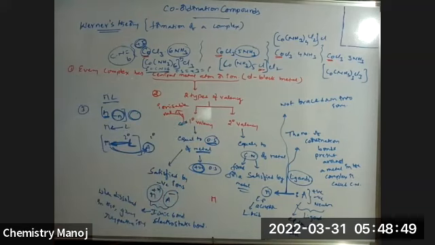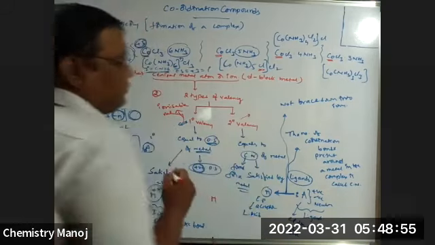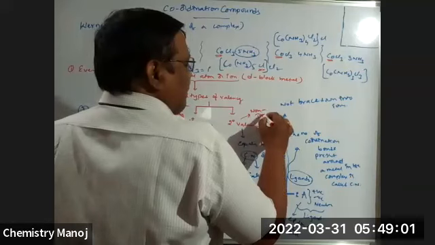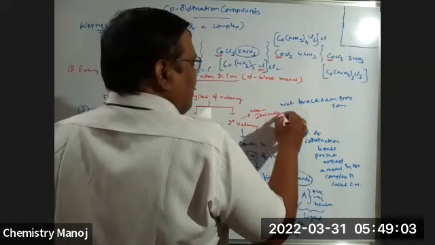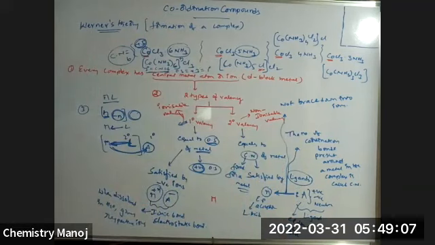Next, does secondary valency break down into ions or not? No, sir. It is a non-ionizable valency. Secondary valency is nothing but non-ionizable valency. Clear?